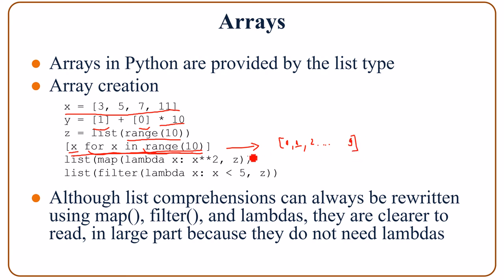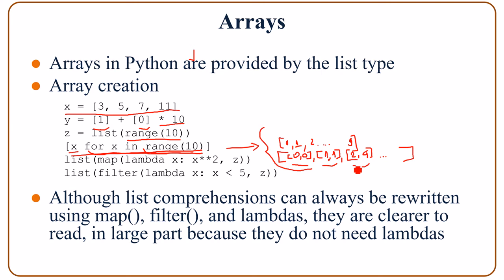This can be very flexible. Instead of x, you can return x squared. Or you can even return a list, let's say x and x squared together in a list. So you have the first element as a list with 0, 0, and the next is 1, 1, and the next is 2, 4, etc.